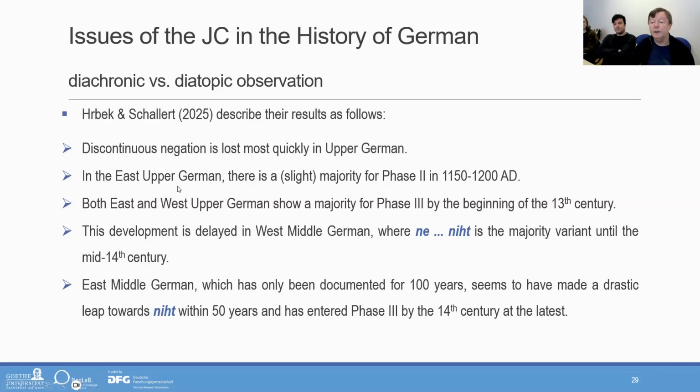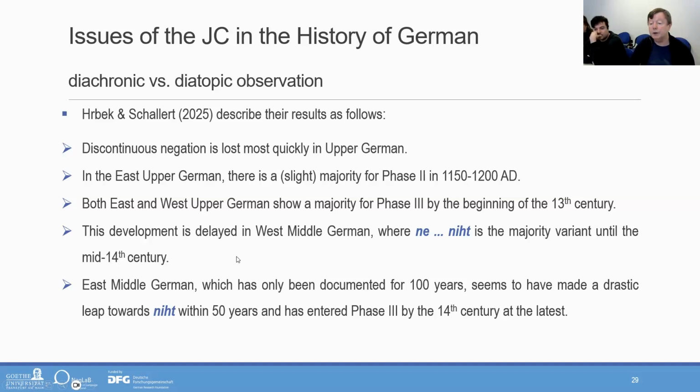In East Upper German, there is a very slight majority for phase 2 already in 1150 and 1200. Both East and West Upper German show a majority for phase 3 by the beginning of the 13th century, and the development of the Jespersen cycle is delayed in West Middle German, where niht is the majority variant until the mid 14th century.